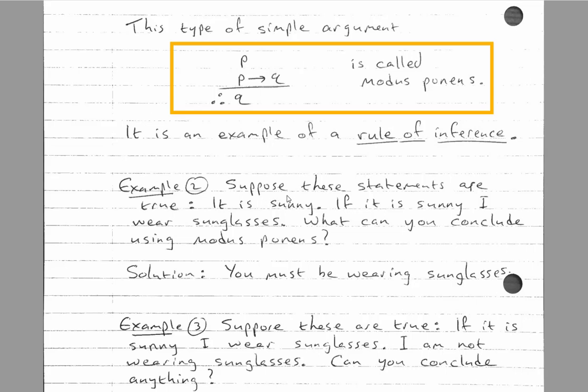Example 2. Suppose these statements are true. The first one says it is sunny, and the second one says if it is sunny, I wear sunglasses. What can you conclude using modus ponens?